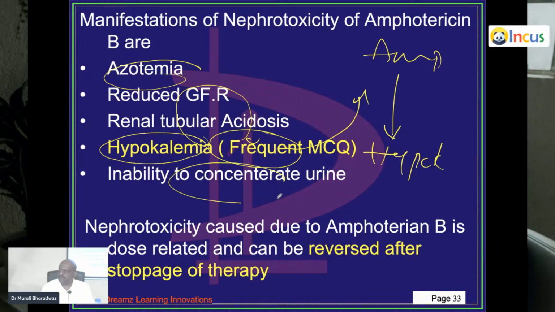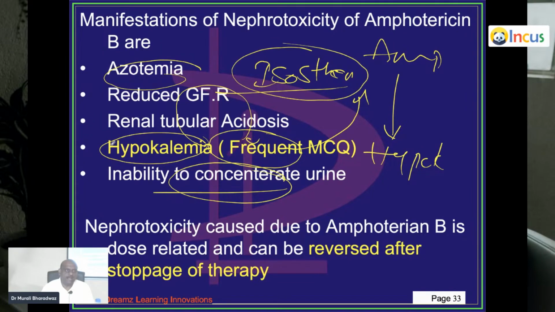Because of tubular dysfunction, they lose the ability to concentrate the urine. So they develop isosthenuria. Whether you are dehydrated or overhydrated, same specific gravity urine will be produced. That's called isosthenuria. Nephrotoxicity caused by amphotericin B is dose related and it can be reversed by the stopping of therapy.